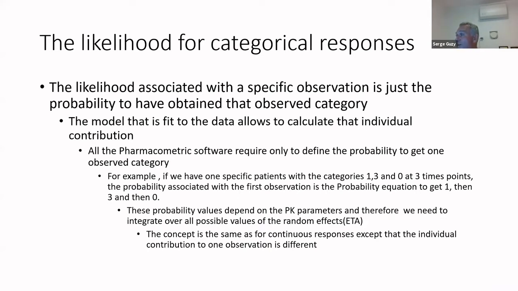Then I can calculate the probability associated with the level that I observe for that patient at each time, and I multiply the probabilities. I'm doing that for each observation. At the end of the day, I compute all the probabilities for that specific value of A, B, D, and E that I told you.